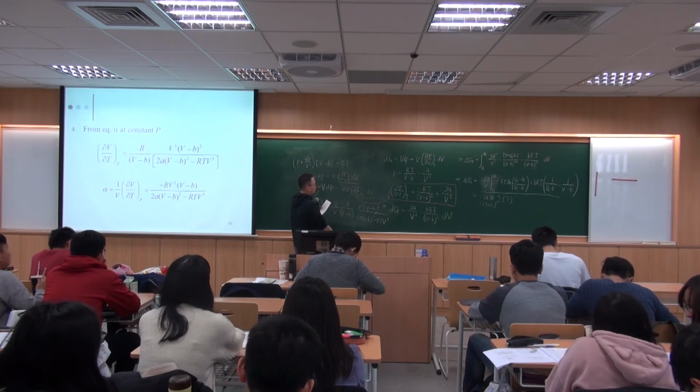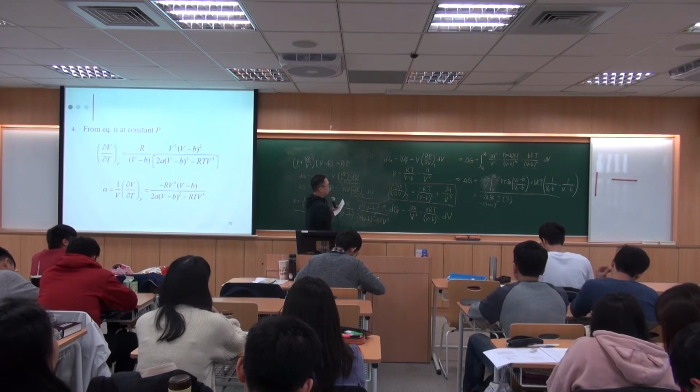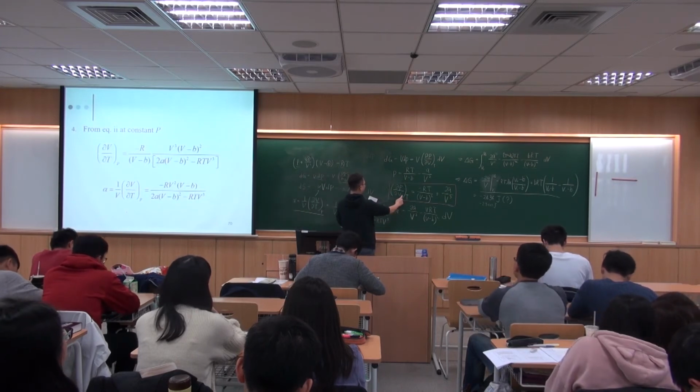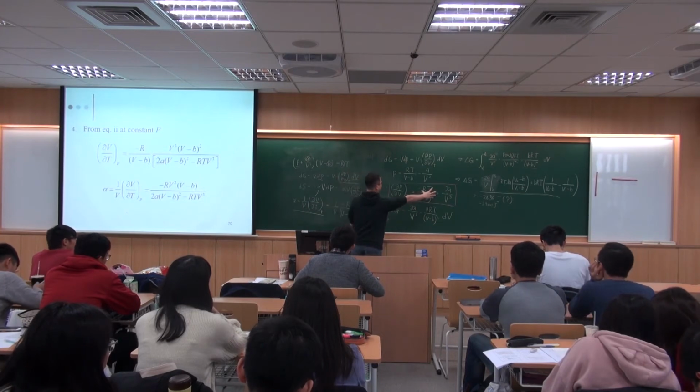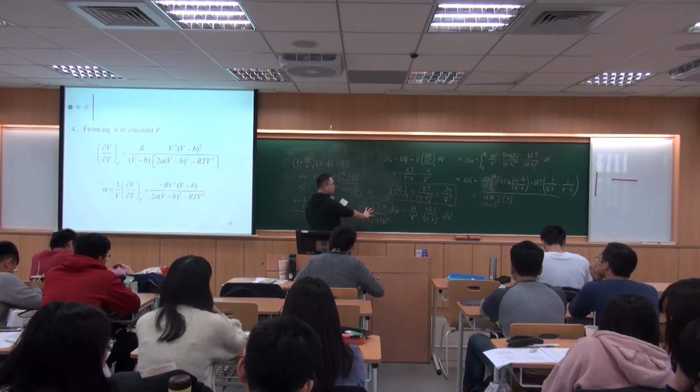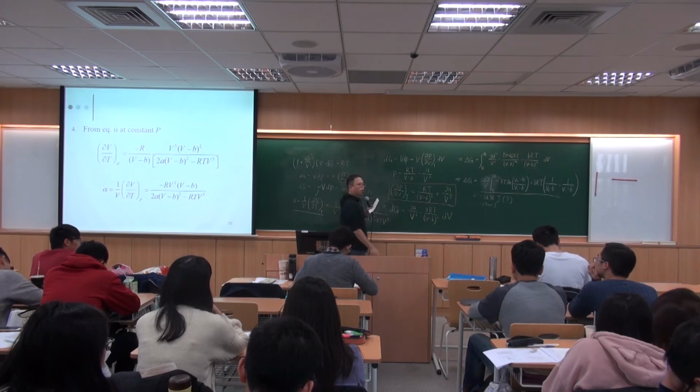But then you'll realize that there are a lot of terms that can be canceled out. For instance, we know partial p, partial v at a constant temperature is like this. And this happens to be exactly the same as the inverse of this one. So you create a lot of messy terms, but then it turns out that when you plug this back in, they'll all be canceled out.